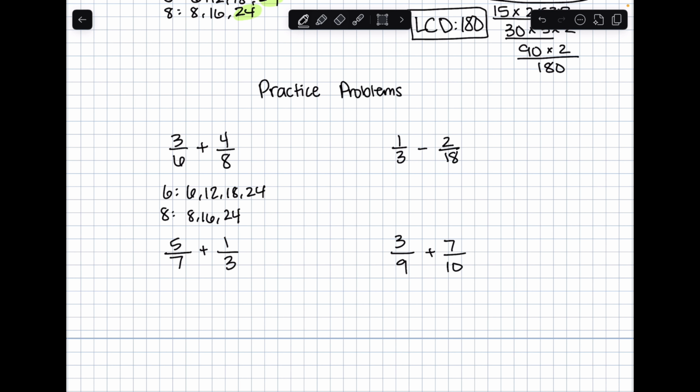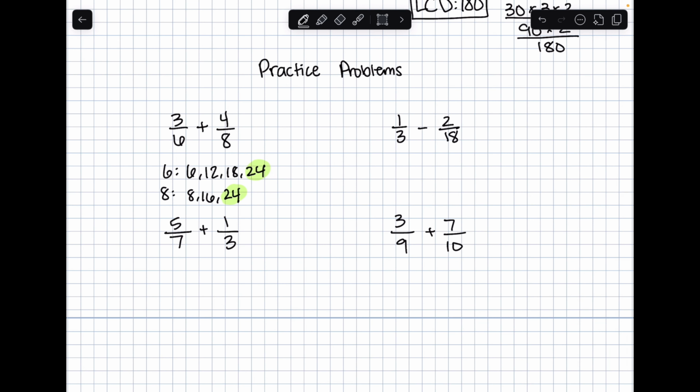And for this one, it's going to be 24. For this next one, I've got 1/3 minus 2/18. So I'm going to ask myself, does 3 go into 18? The answer is yes. 18 is a multiple of 3, so I'm going to use 18 as my least common denominator.